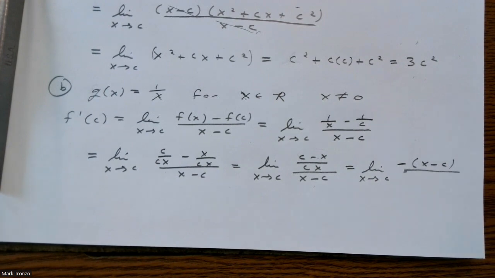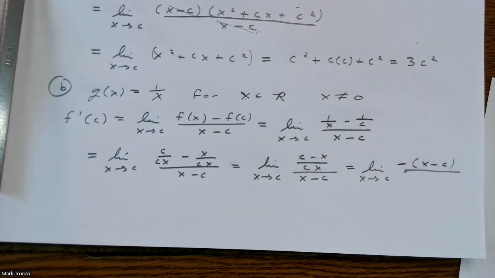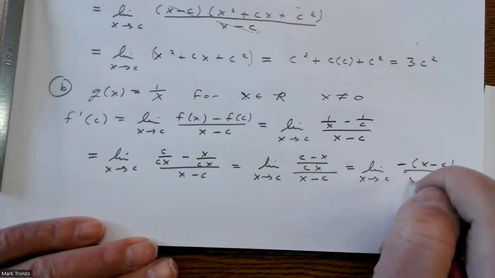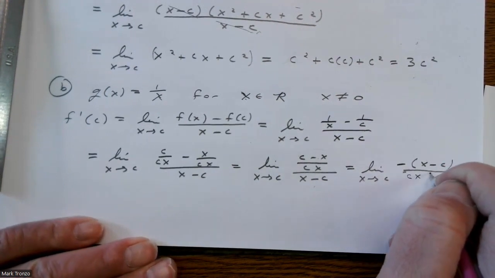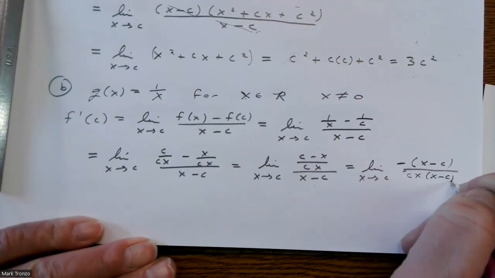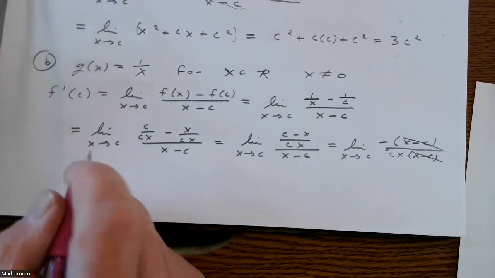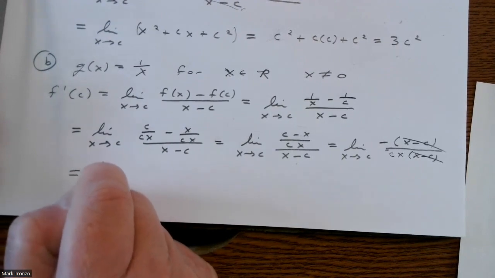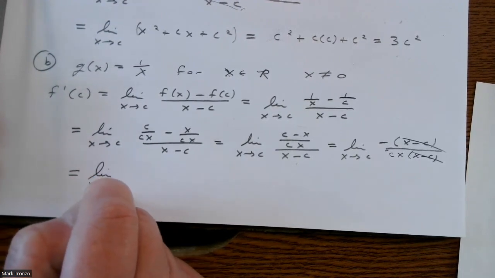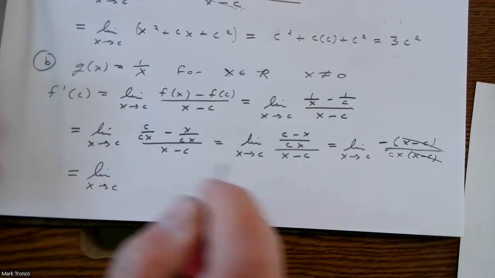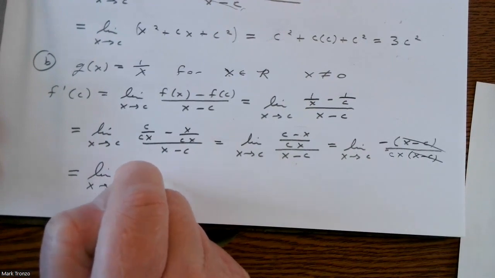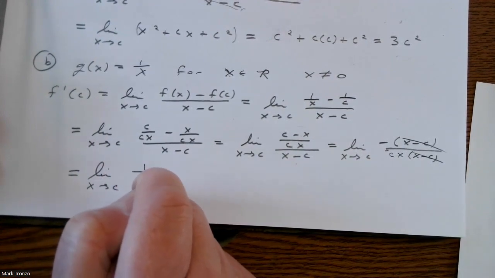That's going to be cx, x minus c, and then these cancel, and we're going to have 1 over cx.